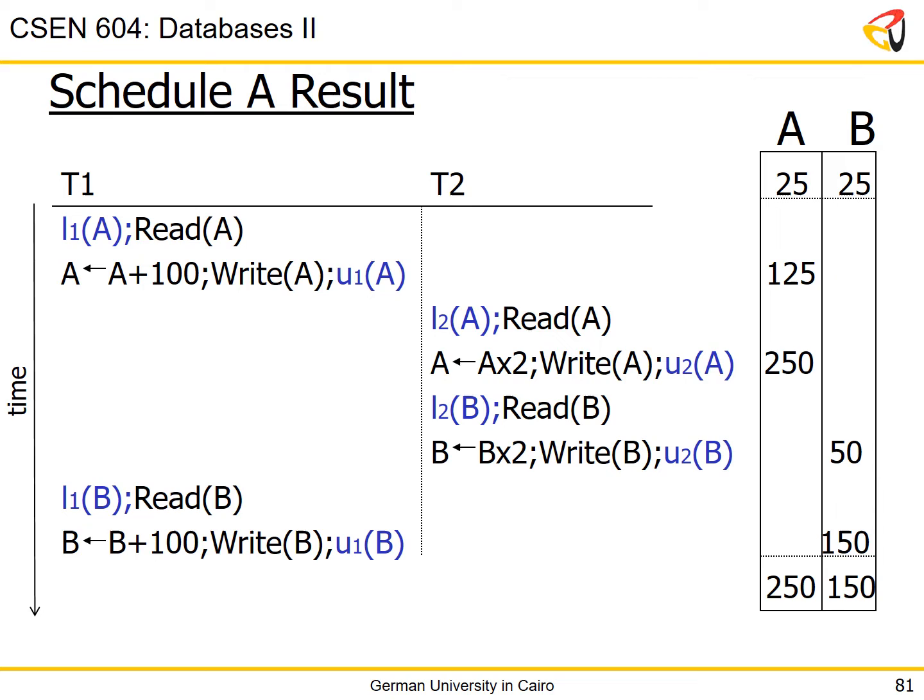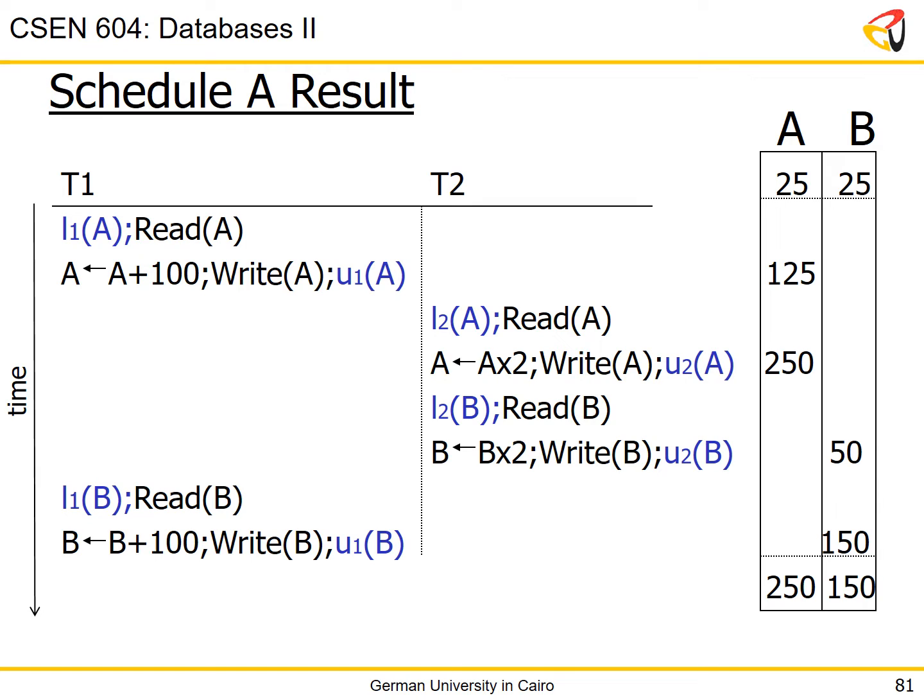Now, if you try to compute the values here, you will notice that we have an inconsistent state. The final result should either be 125, 150, 150, or 250, 250.